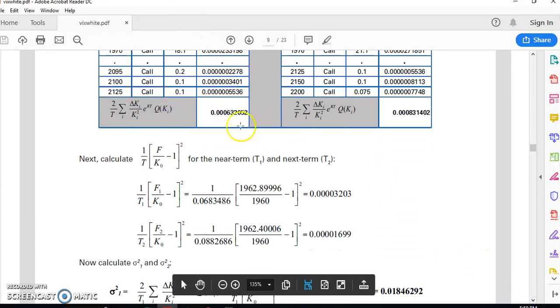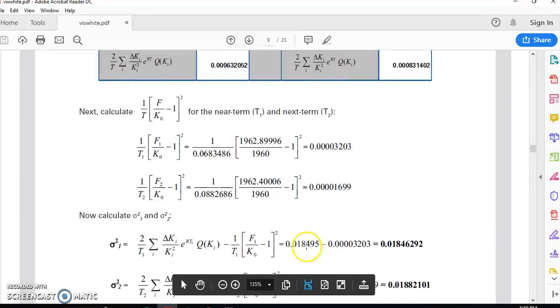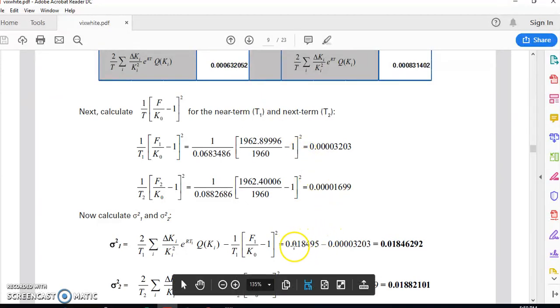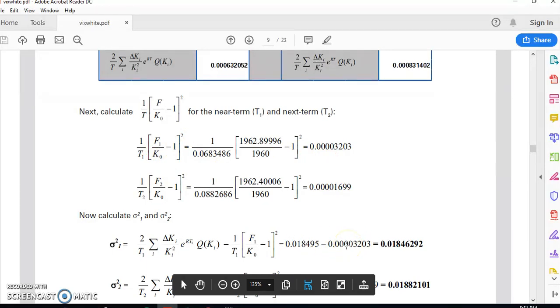Okay, so once we had obtained this figure, we used it below here, and this estimate then was adjusted. This figure here was multiplied by 2 divided by T1, which then produced this number, and then in turn we subtracted away 1 over T times F1 divided by K0 minus 1 squared. That figure was subtracted just the once.